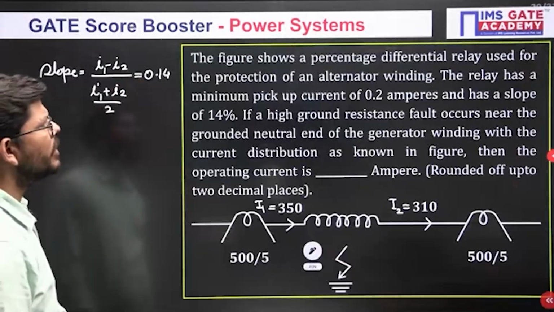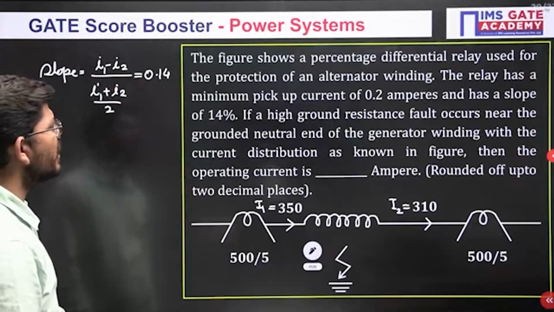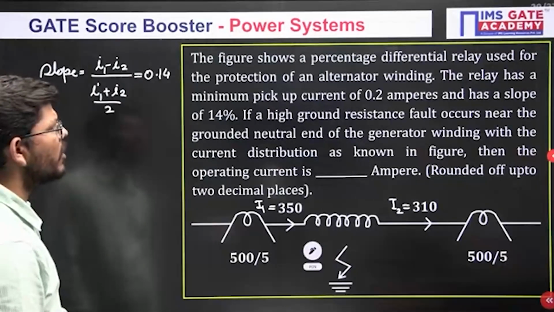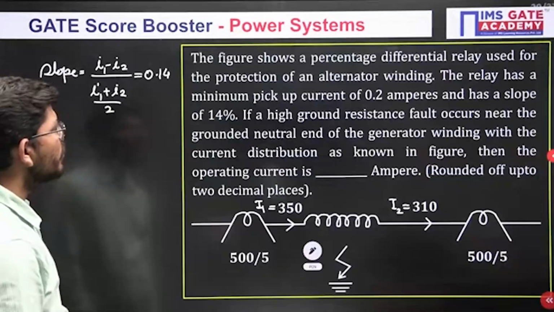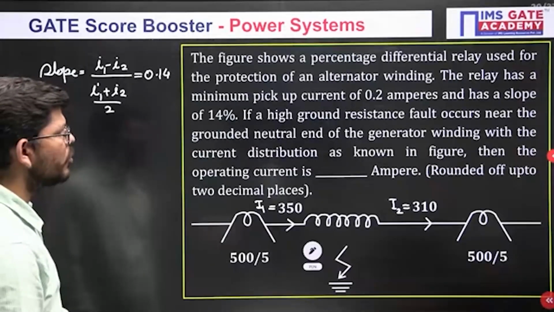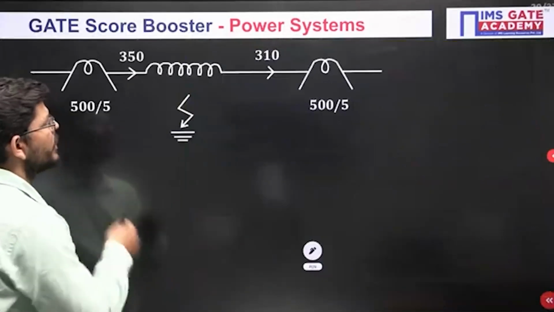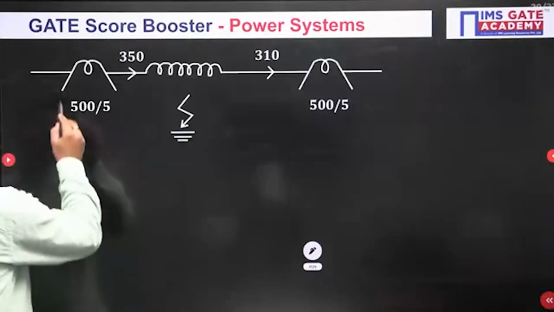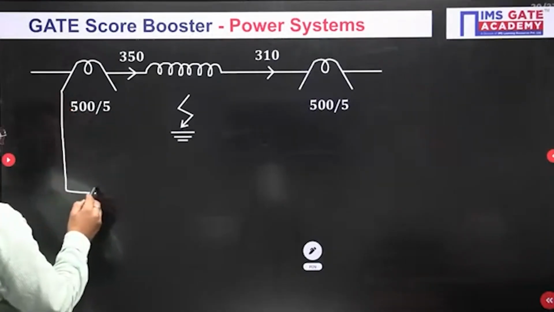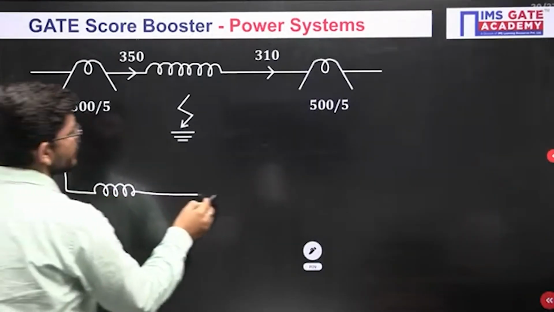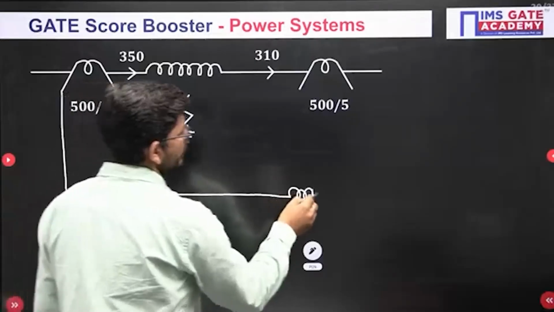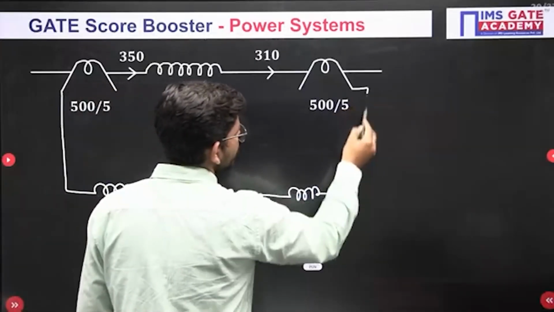If a high ground resistance fault occurs near the grounded neutral end of the generator winding, with current distribution as shown in the figure, then what will be the operating current? This is what we have to calculate. Let me make the diagram of a differential relay so that you get a perfect idea of what is happening.